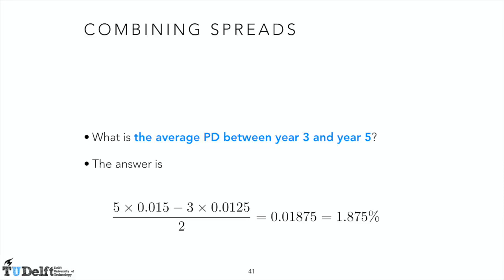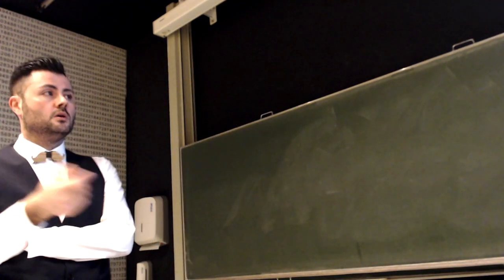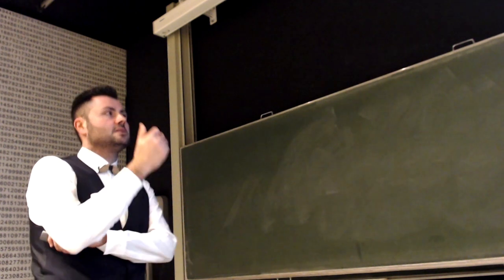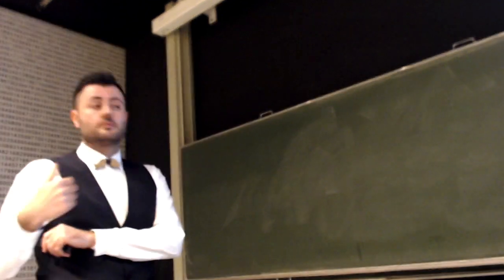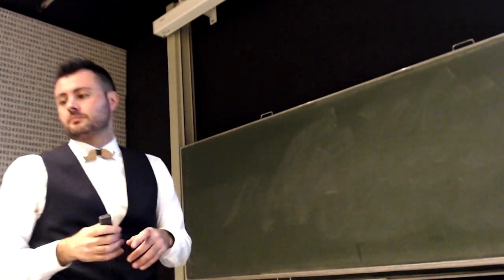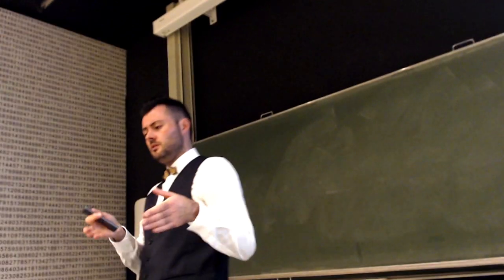I take the time horizon of the longer CDS, 5, times the corresponding PD as estimated using the CDS formula, minus the time horizon of the shorter CDS, 3, times the corresponding average PD as estimated with the CDS formula. And I divide by the difference in the two time horizons, 5 minus 3, 2. I compute that, and what I get, the average PD between year 3 and 5, is 1.8%, as perceived by the market at the moment.